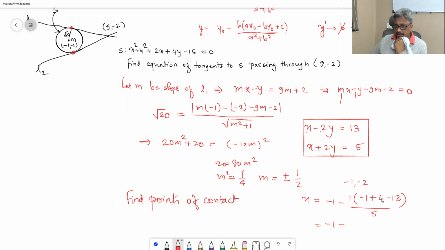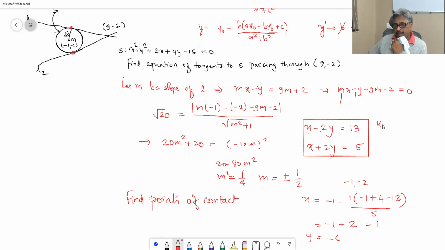So minus 1 minus, how much is this? 10 by 5, inside bracket it is minus 10 by 5. So minus 2, outside minus, plus 2, minus 1. So x is equal to 1, y is equal to, put 1 here. If you put 1 here, how much is y? Minus 6. That is the first point.